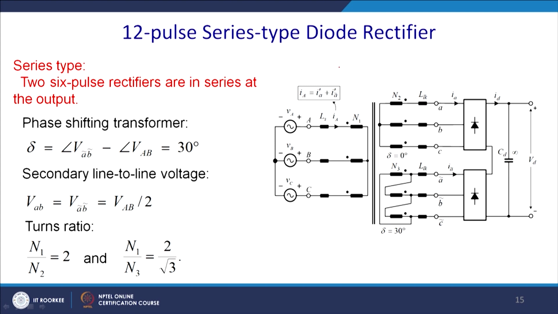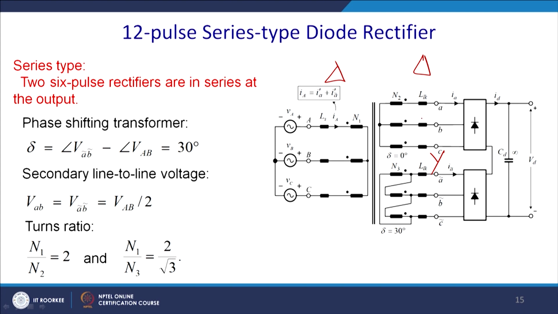Generally this part is delta, and you also have the delta star transformer, and it has a different kind of vector group to operate. So, in this case what happened?